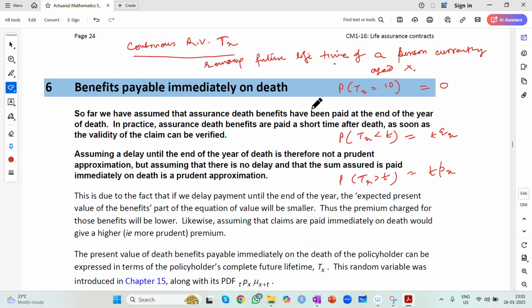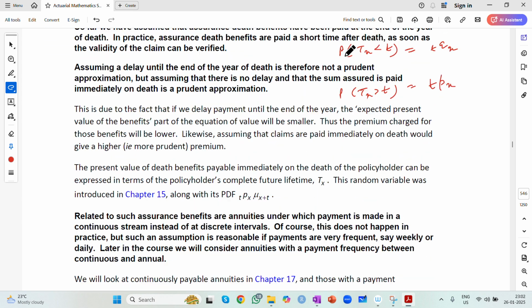Again, a reminder: x is the current age and x is not the random variable. The continuous random variable here is T_x. x is a fixed number in the entire CM1 which denotes the current age of the policy holder.